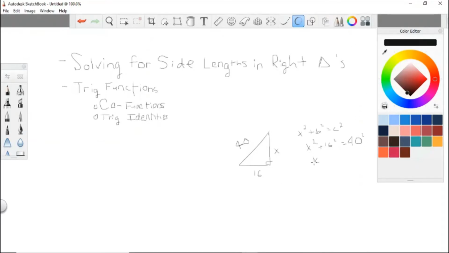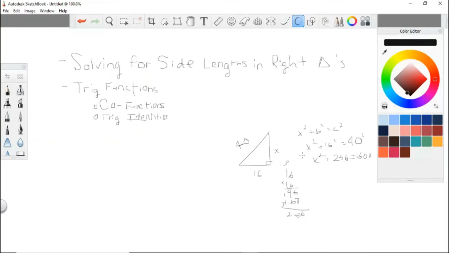Okay, so x squared plus 16 times 16, we get 256, and I will use a calculator just to make sure that I'm giving you guys the right answer. So we get x squared plus 256 equals 40 squared, so that's just 1600.